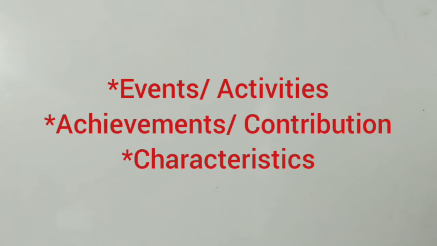If you find any personality, so you have to identify the contribution of that person or his or her achievements. You also can find awards, and then characteristics. You will identify the important points they have highlighted. So this type of points you have to collect from reading that given passage.